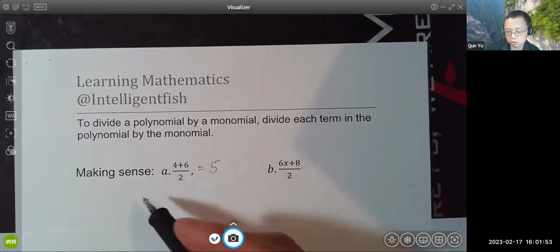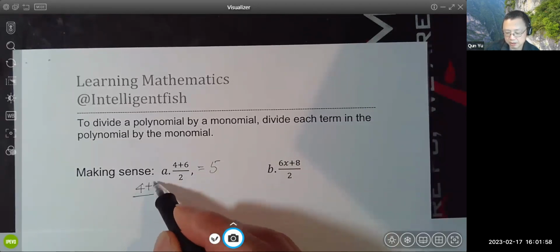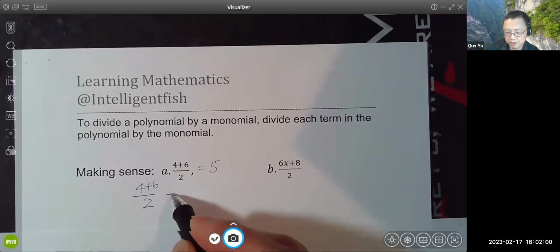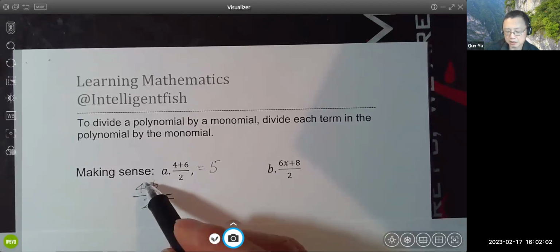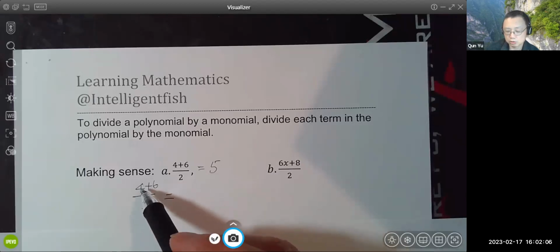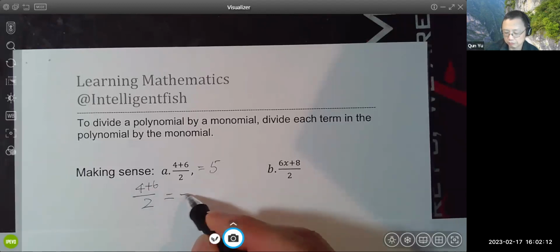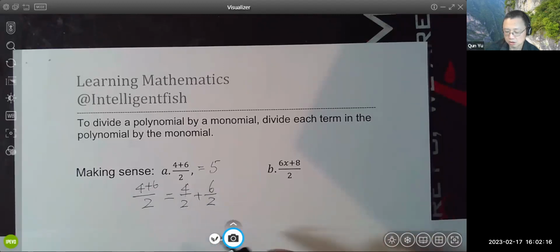But we can also do this in a different way. 4 plus 6 divided by 2, right? Since this whole thing on the top is divided by 2, actually it makes sense to use each component of this whole thing divided by 2. So 4 divided by 2 plus 6 divided by 2, and we get 2 plus 3.